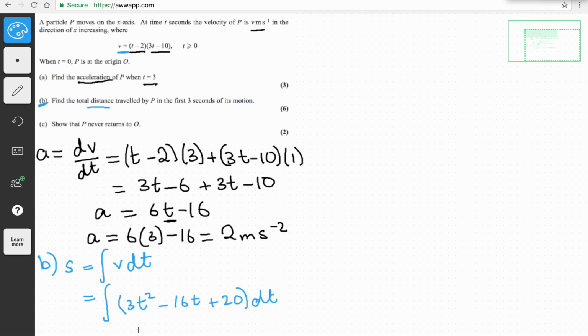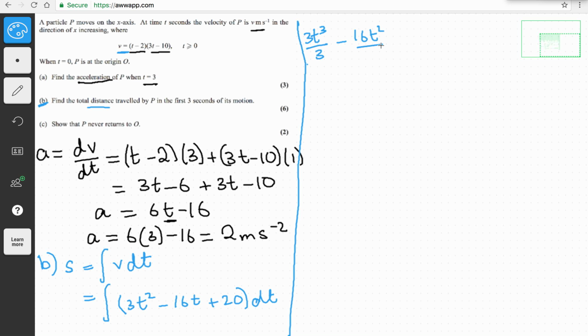Now when I integrate this, I get 3t cubed over 3 minus 16t squared over 2 plus 20t plus the constant of integration.